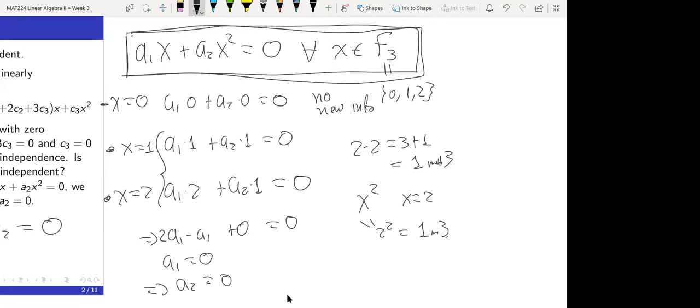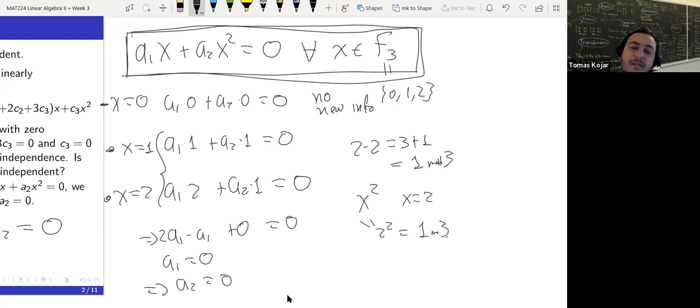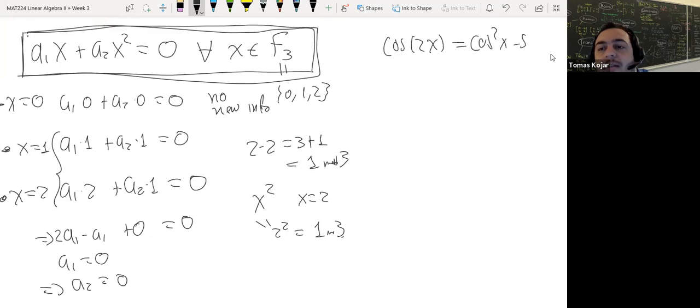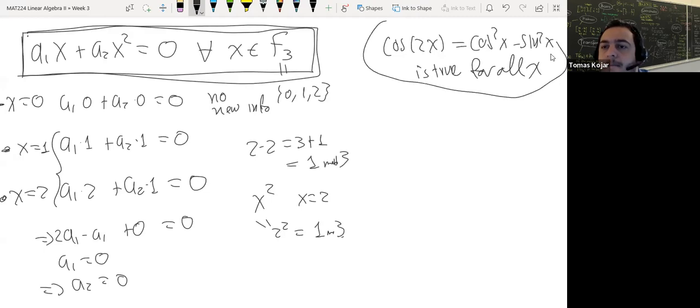When someone asks for linear dependence, let me do a silly example from last time. We had cosine 2x, and we wrote it as cosine square x minus sine square x. Now this relation here is true for all x, right?